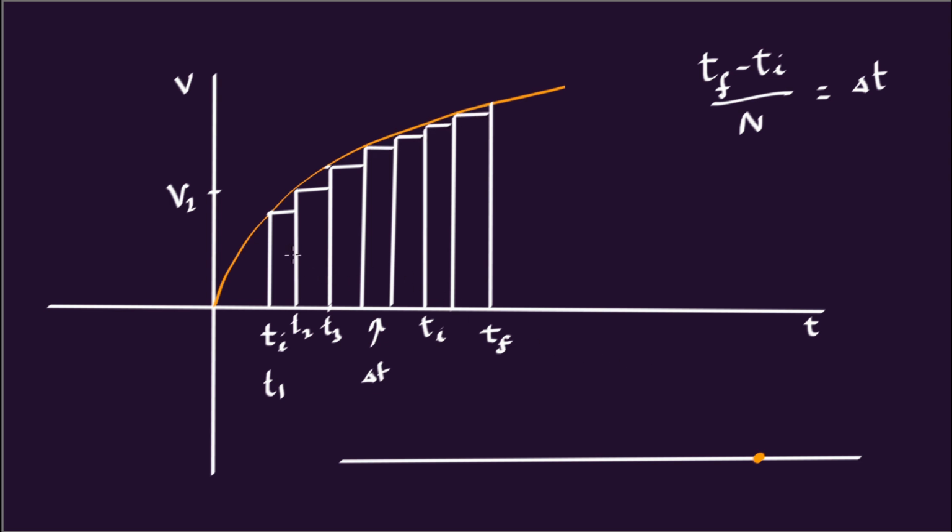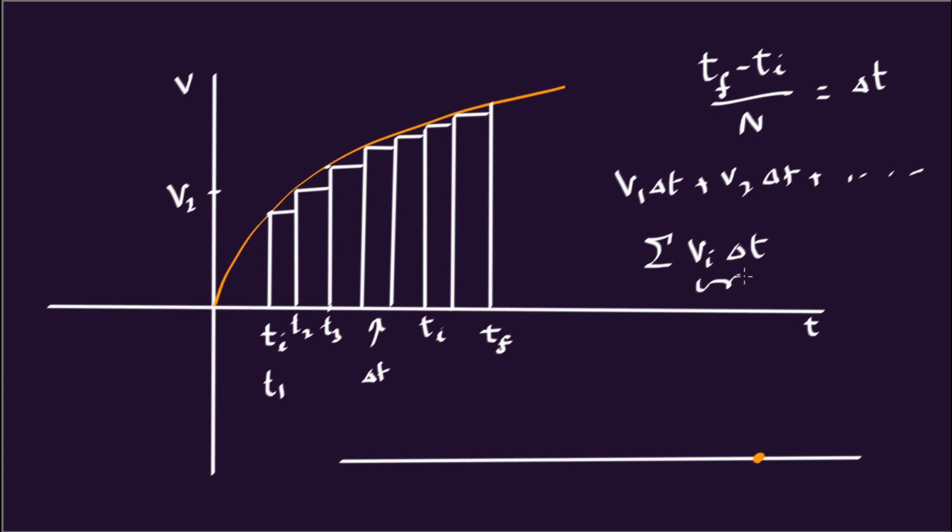Now we know the displacement of the particle. If it followed the step graph, what would be the displacement? It would be simply v1 delta t plus v2 delta t plus v3 delta t, etc. We can write that as summation vi delta t, where vi, i going from 1 to n, are the instantaneous velocities of the particle at the times t1, t2, t3, etc., which we get from the actual velocity versus time graph.